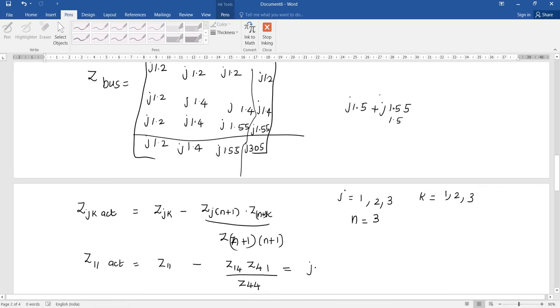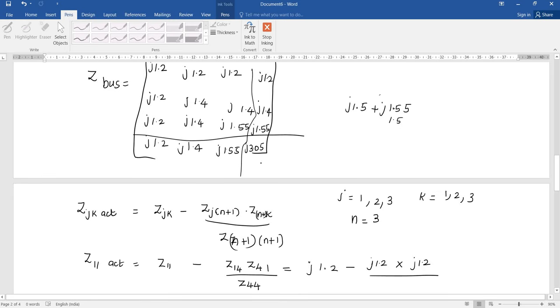What is Z11? j1.2 minus Z14, that is j1.2, into Z41, j1.2 again, and divided by Z44.